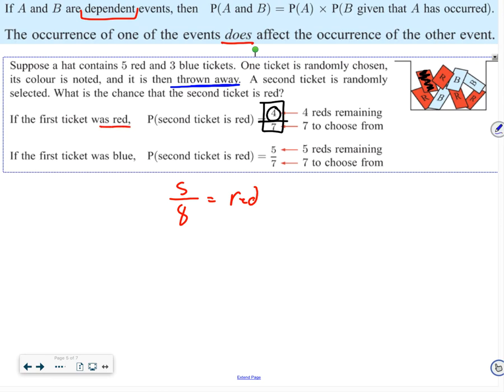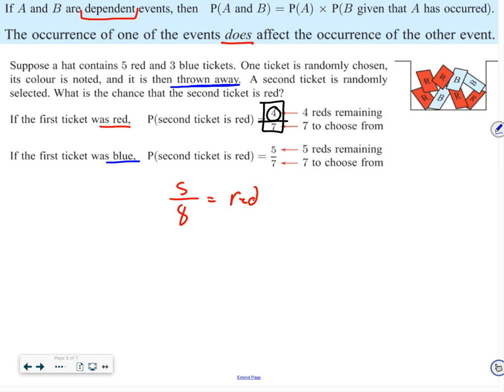Well, what if the first ticket was blue? Well, now if the first ticket was blue, you still have 7 tickets left, but you have 1 additional red, so you have 5 out of 7. So these are dependent events, because notice that 5 sevenths is not equal to 4 sevenths.